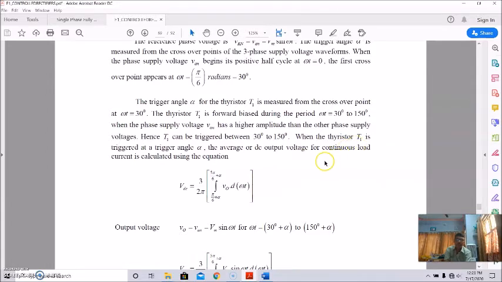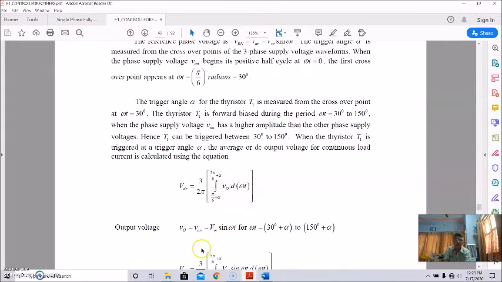So when thyristor T1 is triggered at an angle alpha, the average DC output voltage for continuous load is calculated using the equation: 3 by 2 pi, integration from pi by 6 plus alpha to 5 pi by 6 plus alpha, of Vo d omega t.